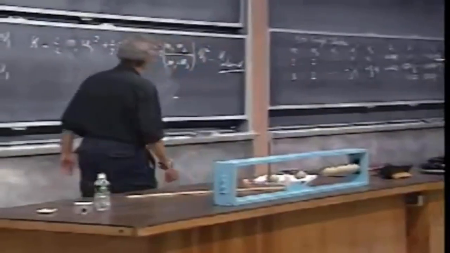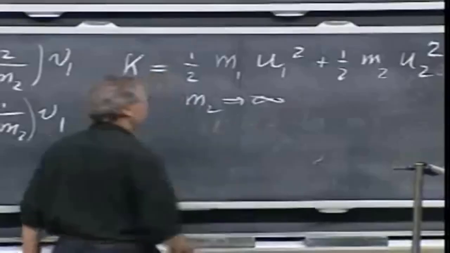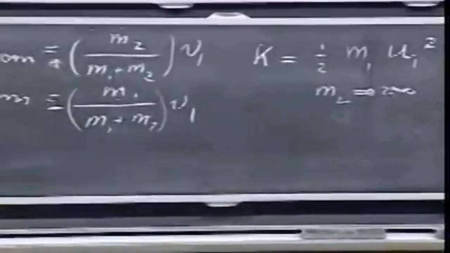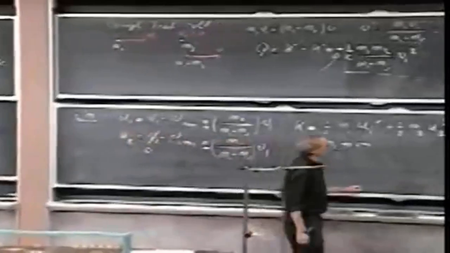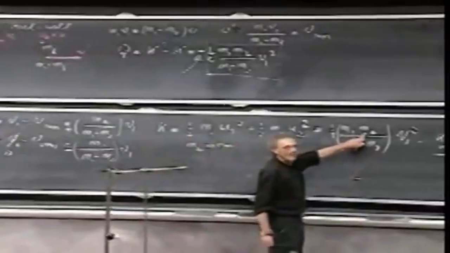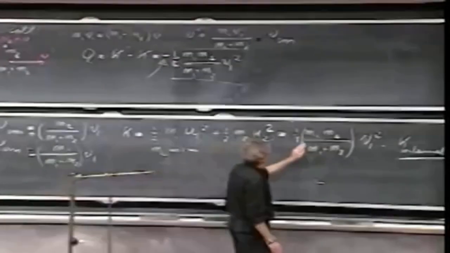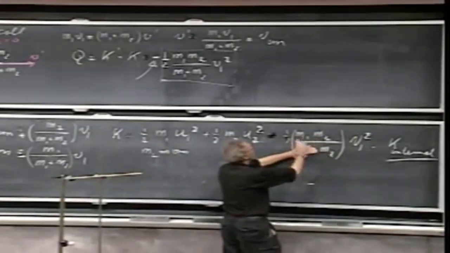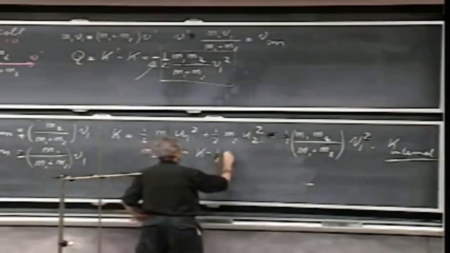We can take a very special case, and we can take M2 going to infinity. It's like having a piece of putty which I slam on the wall. You get stuck. And what is the maximum heat that you can produce? That's all the energy there is. If M2 becomes infinitely high, then M1 can be ignored. M2 cancels M2. You get 1/2 M1 V1 squared.